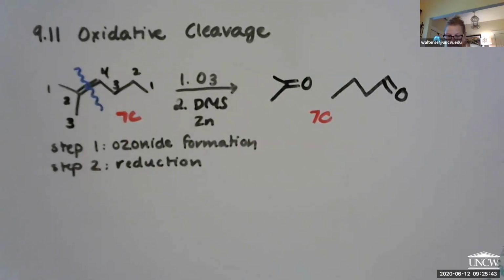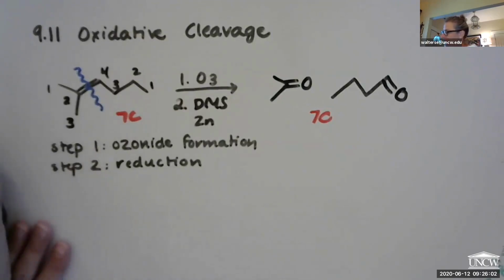All right. So the next thing we're going to do is I'm just going to write up about 3 steps of things that you should look for when you're trying to predict the products of the addition reactions, and then we'll take a vote. Are there questions about oxidative cleavage?